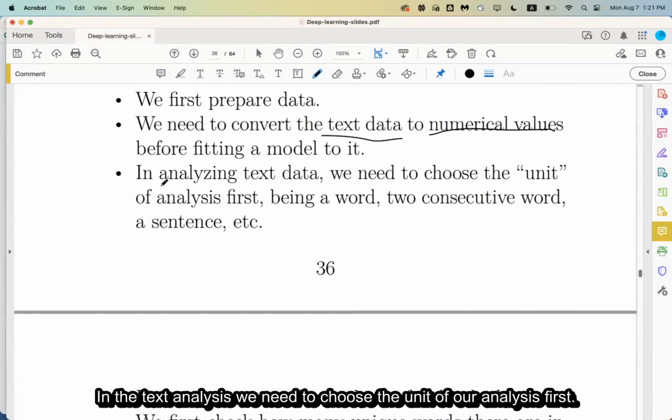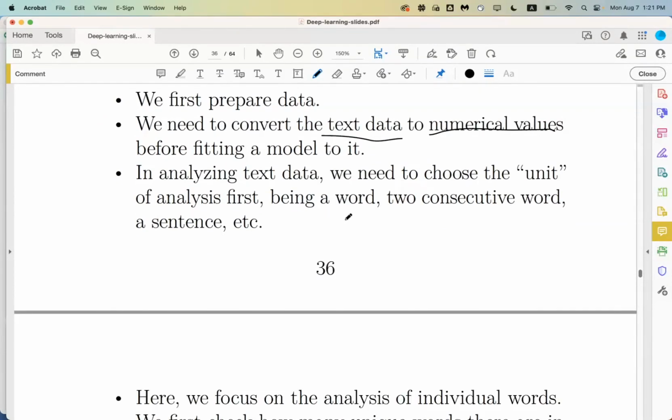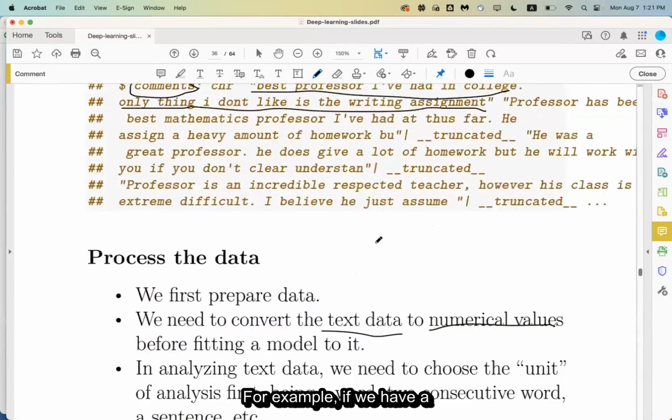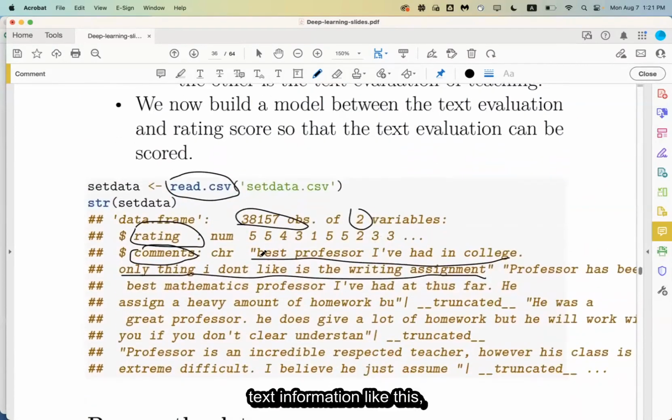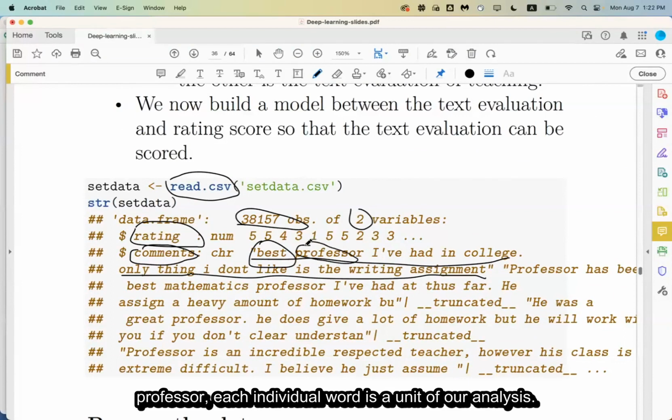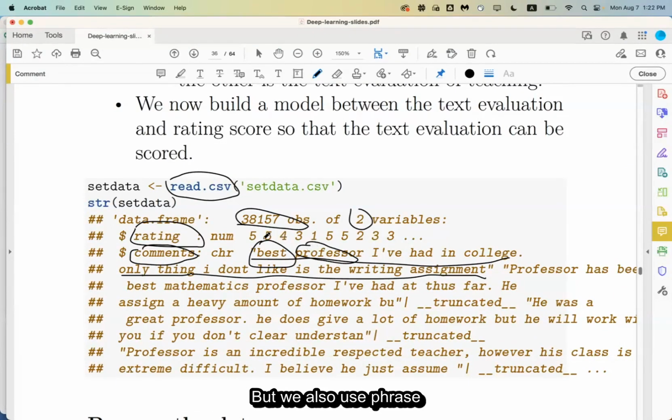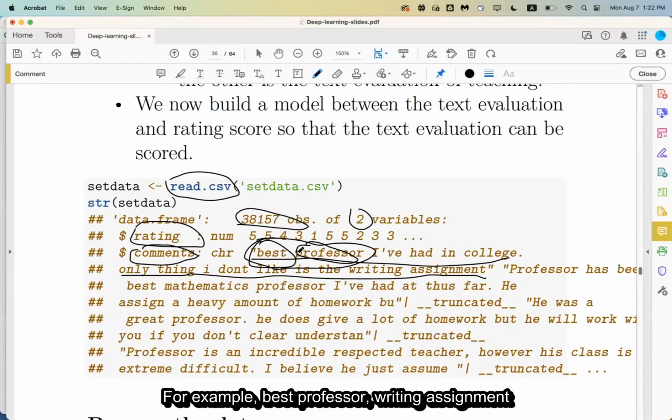In text data analysis, we need to choose a unit of analysis first. For example, if we have text information like this, one unit could be an individual word: best, professor. Each individual word is a unit of our data analysis. But we can also use a phrase as a unit, for example, best professor, or writing assignment.